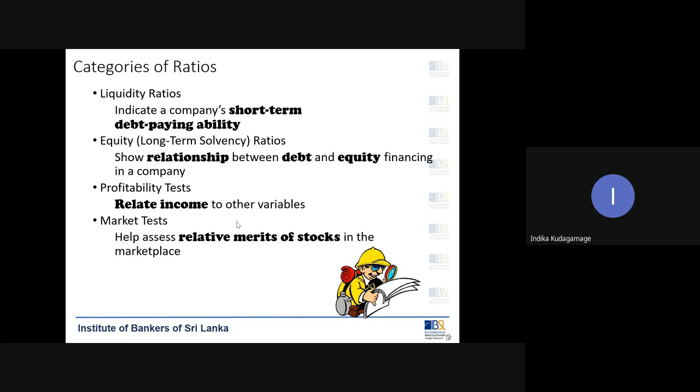In that scenario, we are taking the debtors of this period, the period where we are calculating figures, and the figures of the previous year. And we divide by 2. These two figures, that is to get an average figure, right? Always balance sheet figures should be on average. P&L figures can be taken as it is.